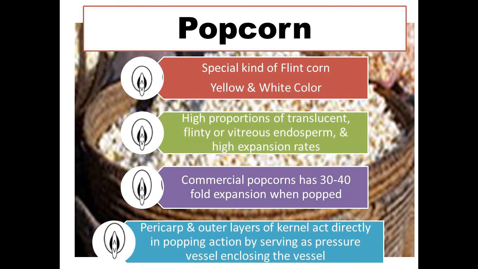Many commercial varieties of popcorn are able to expand 30 to 40 times when popped. The pericarp and outer layers of the kernel act as a pressure vessel due to having very hard endosperm, or very hard starch, whereas the internal starch is somewhat soft. When it is heated, the internal starch bursts up and it is popped.